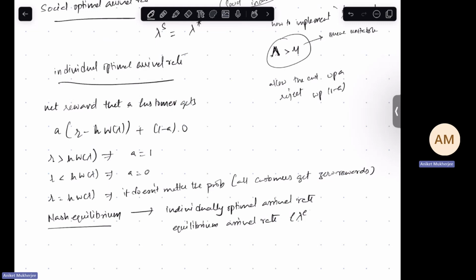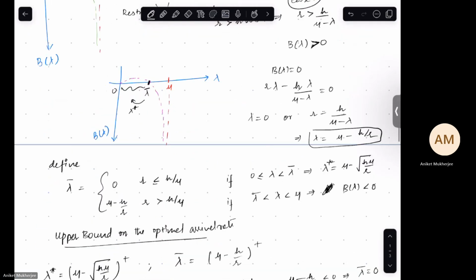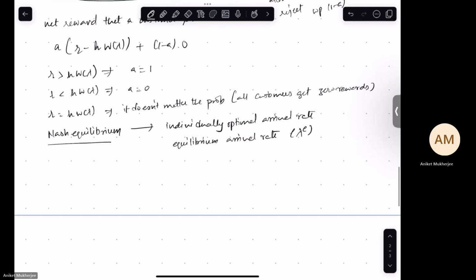I'll denote this as lambda e. And for this lambda e, we'll have an associated A e into capital M. Because it is an equilibrium, no individual customer trying to maximize its own net benefit would have any incentive to deviate from lambda e.